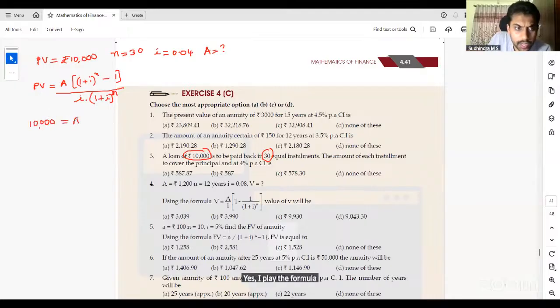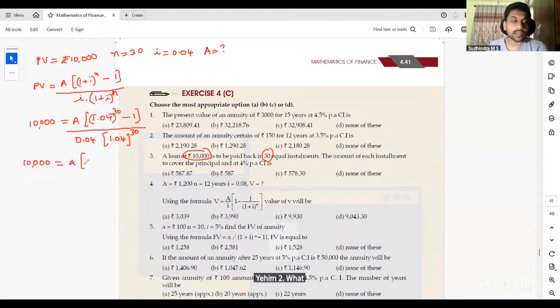10,000 is equal to A into 1.04 to the power 30 minus 1, divided by 0.04 into 1.04 to the power 30. What is 1.04 to the power 30? 3.243395.